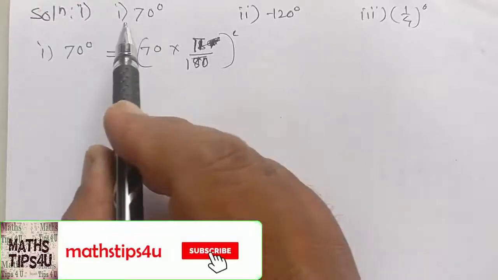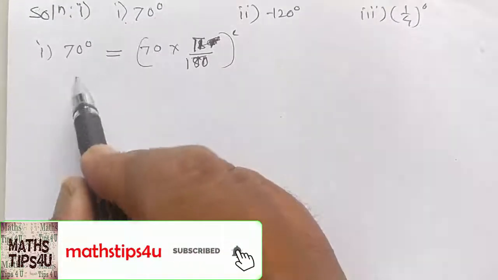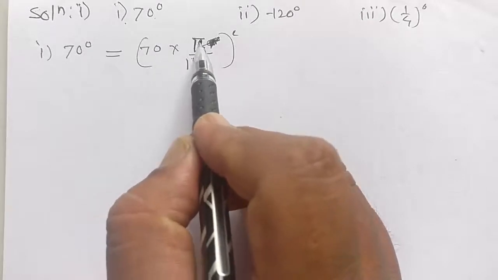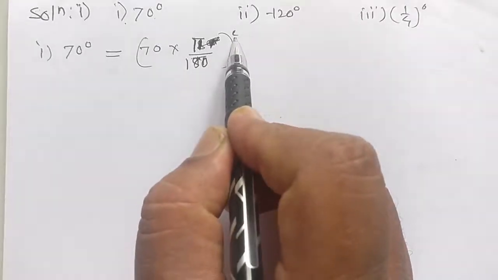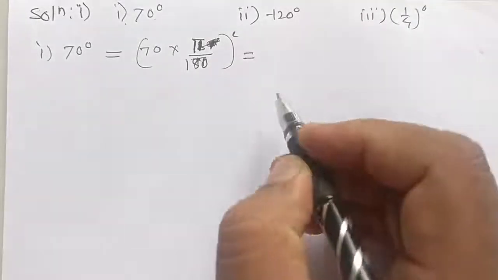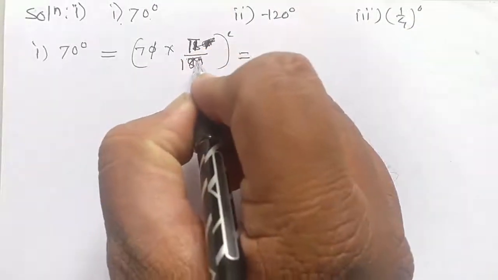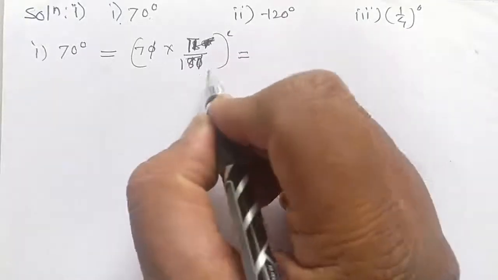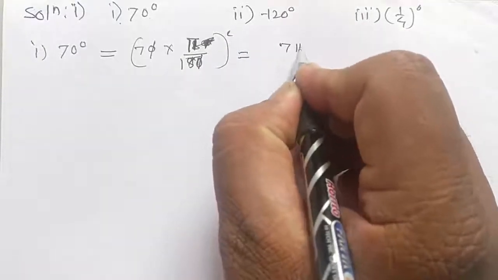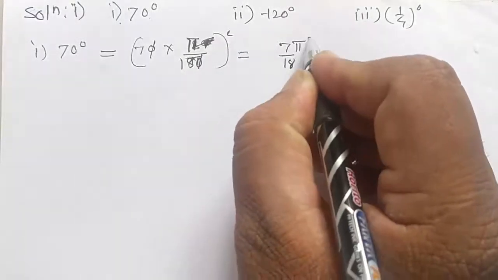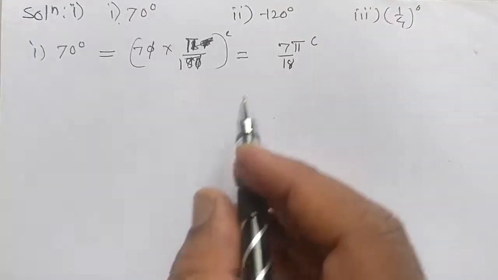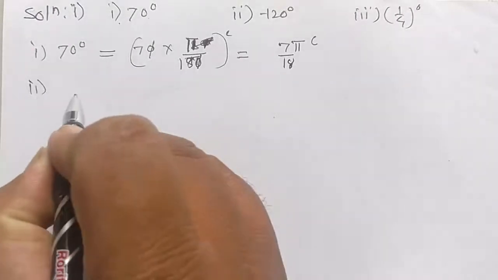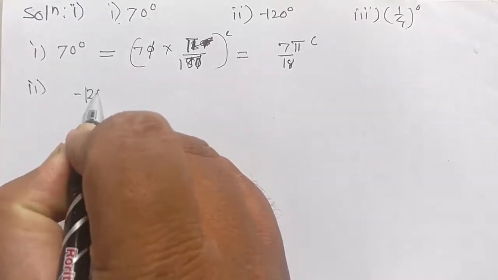Number 1, 70 degree. We know that 70 degree is equal to 70 into pi upon 180 radian, and therefore this is equal to, 0 gets cancelled, 7 pi upon 18 radian. Number 2, minus 120 degree.